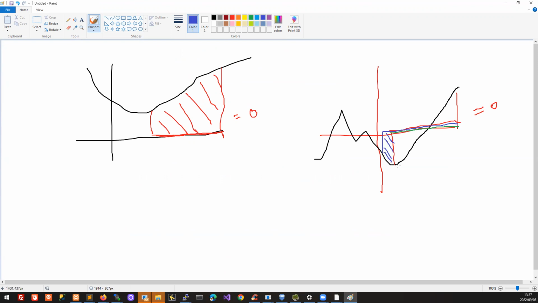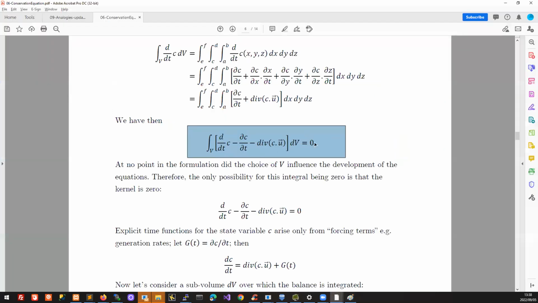And so our integral will become negative and it won't be zero anymore. So it's not the case that the integral can be zero because the function looks like this. For us to always get zero, no matter what volume we choose, it must be the case that the function itself is always zero.